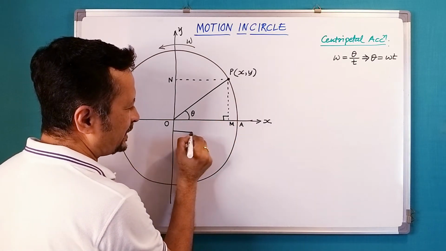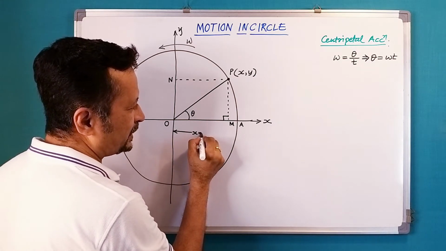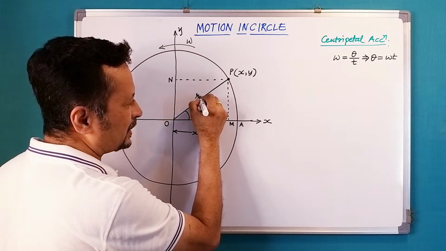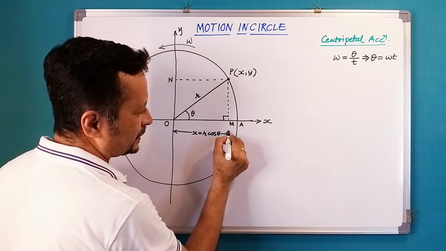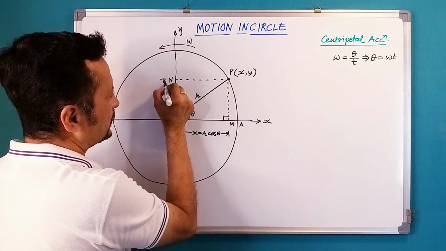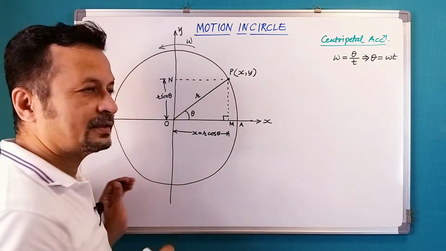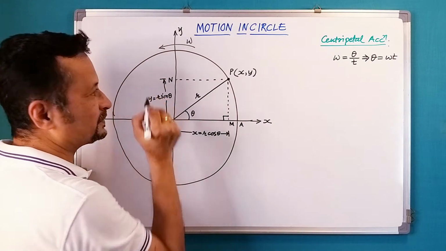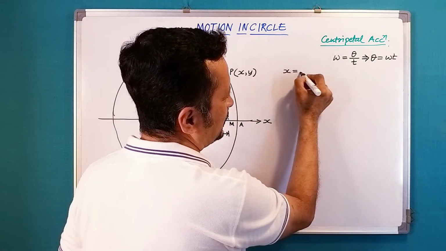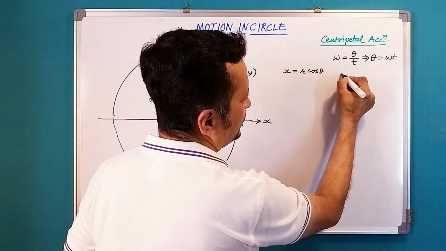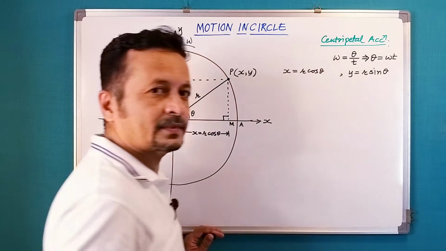So can we not say that the distance between O and M, that is my x, if the radius is r, would be r cos theta, and y would be r sin theta, correct? I am going to write that down over here. So x is r cos theta and y is r sin theta, correct?